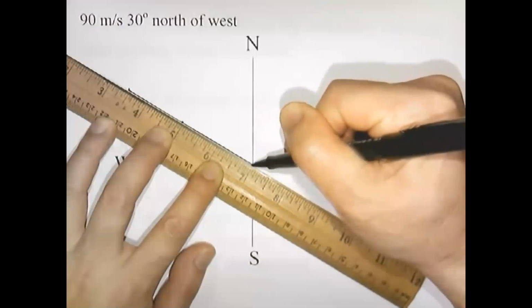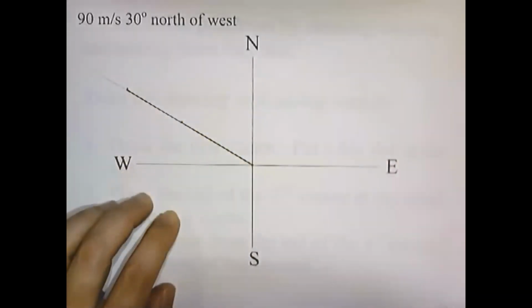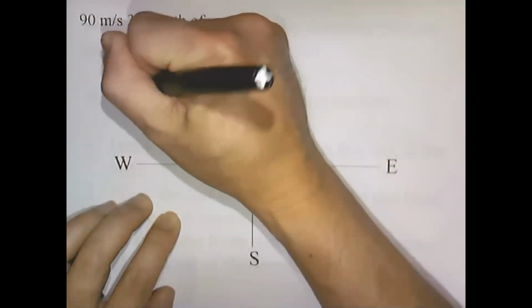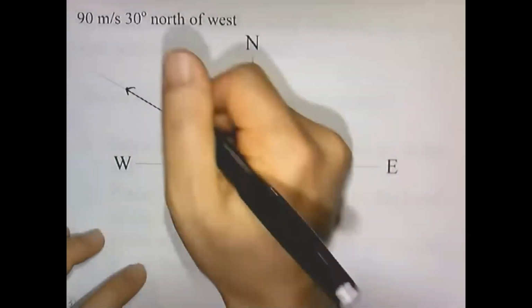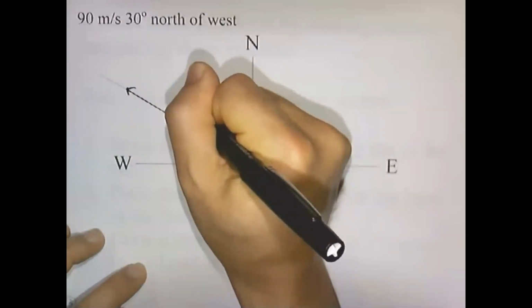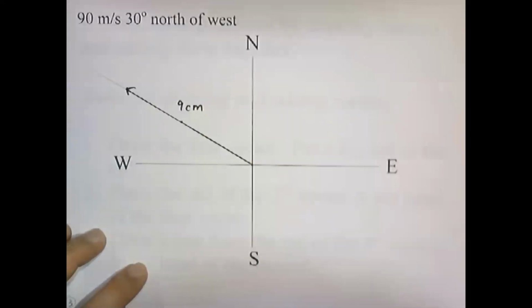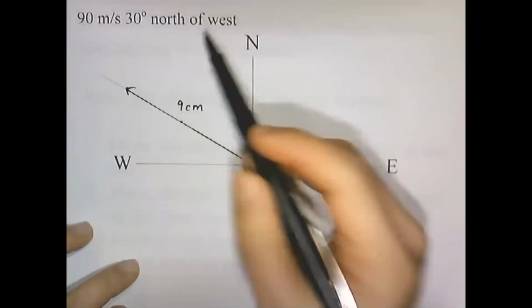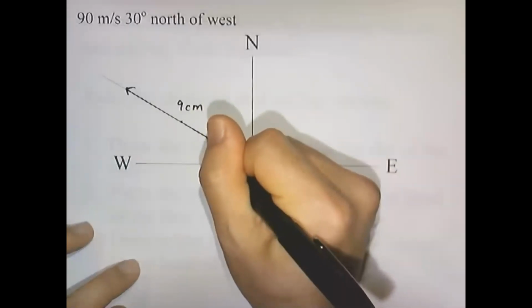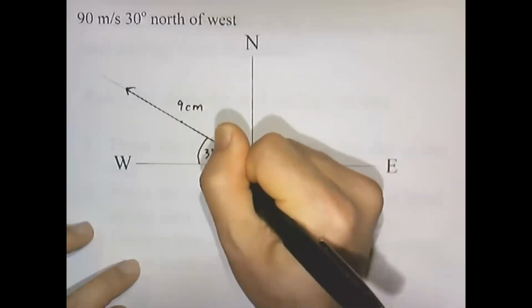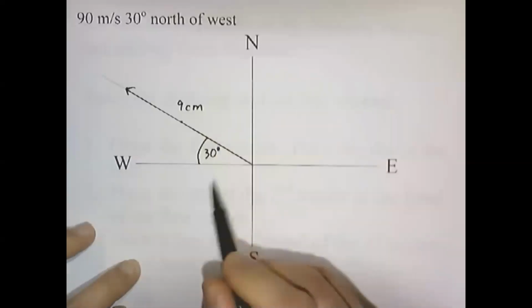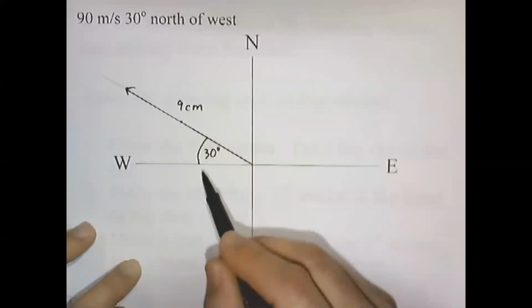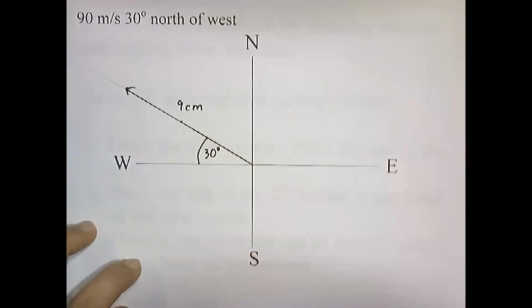All right, so this is going to be 9 centimeters long to represent the magnitude. 30 degrees north of west, so that's going to be 30 degrees right here. So that's 30 degrees above the west axis, or 30 degrees north of the west axis.